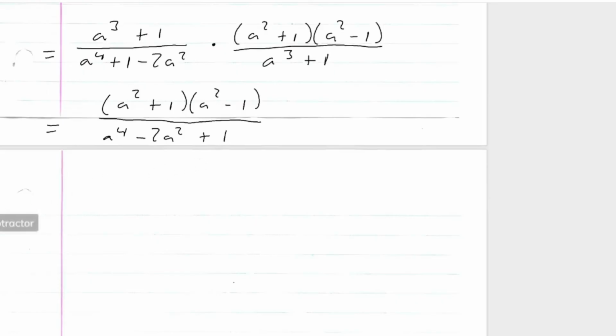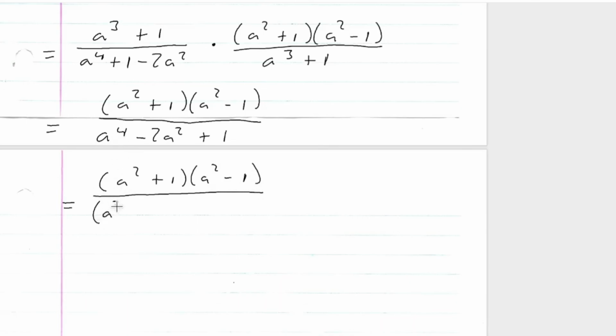Now, let me do a better job with that a. Now what we can do is this guy, I can rewrite this, so I'll write the top a squared plus 1, a squared minus 1, and over here, I know I can rewrite this as a squared minus 1 times a squared minus 1, because remember, a squared times a squared is a to the 4th, right? And then if I do minus 1 and minus 1, look what happens.